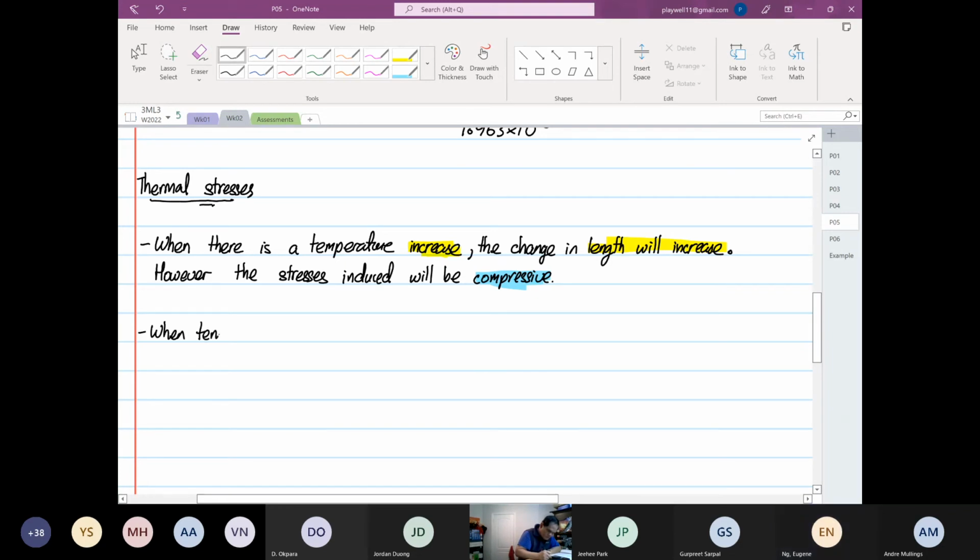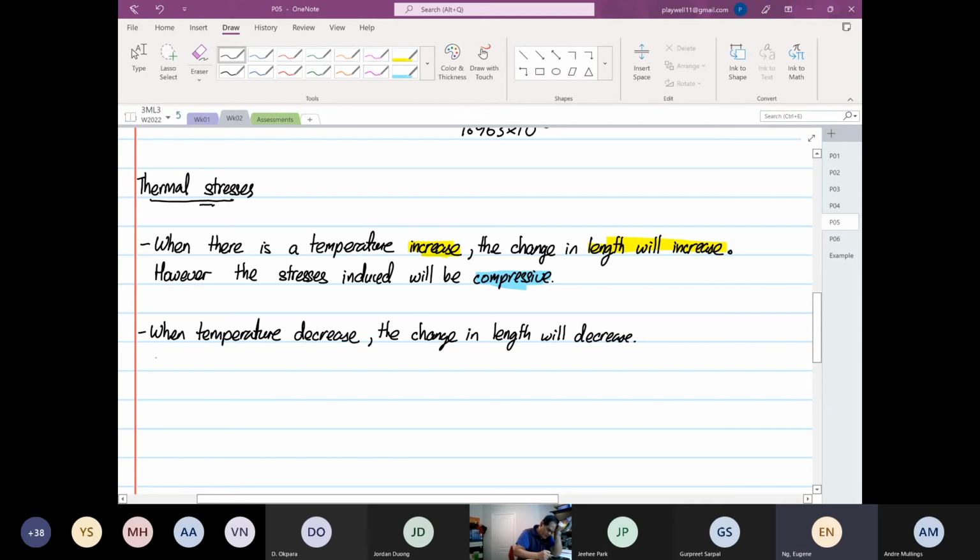When temperature decreases, the change in length will decrease.